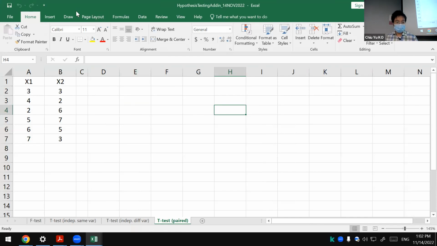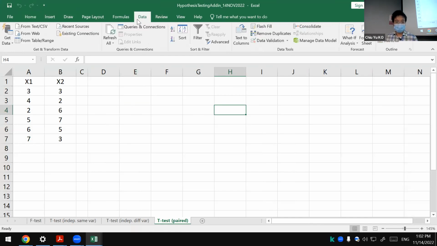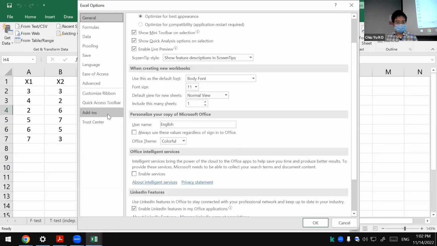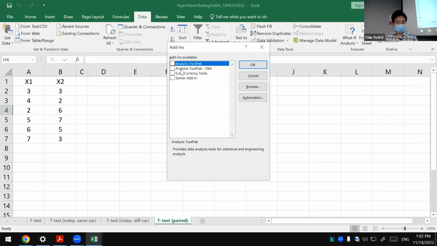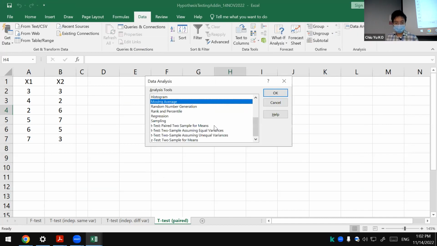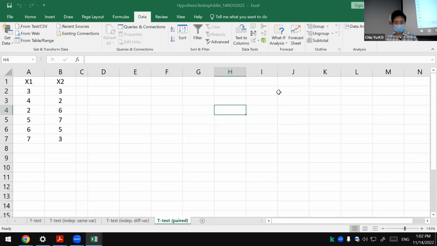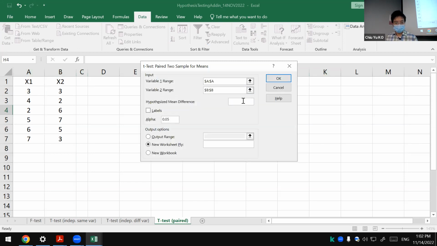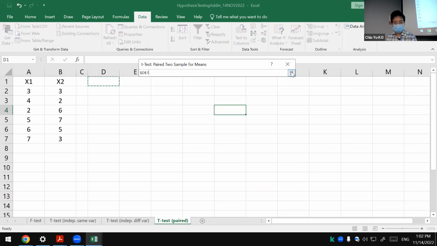Let me try it again. So what I'm doing is the paired one, and I put input A and input 2, and then 0, and then your variable. You tell them the output at D2, D1, and then we're done.